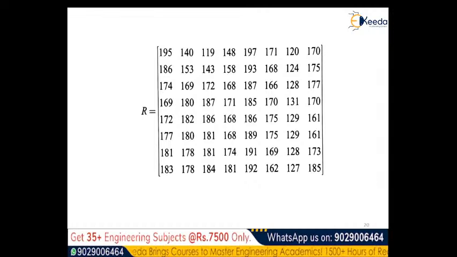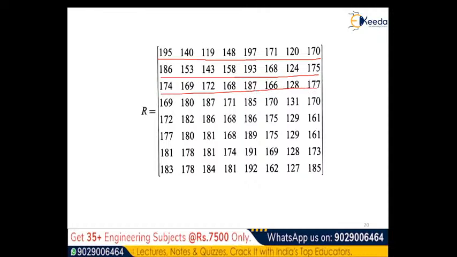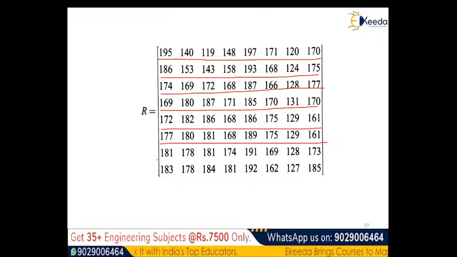In the first row the values are 195, 140, 119, 148, 197, 171, 120, 170. In the second row we have 186, 153, 143, 158, 193, then 168, 124, 175, like this. These are the next row values obtained from the same procedure as we have discussed here.